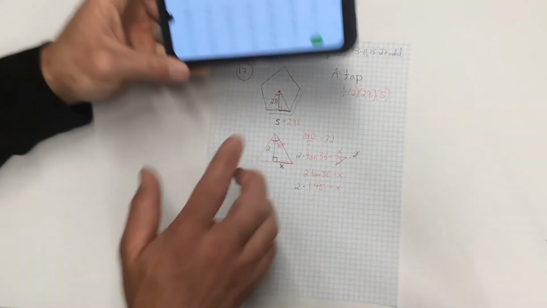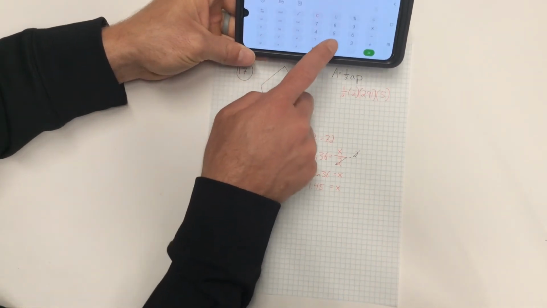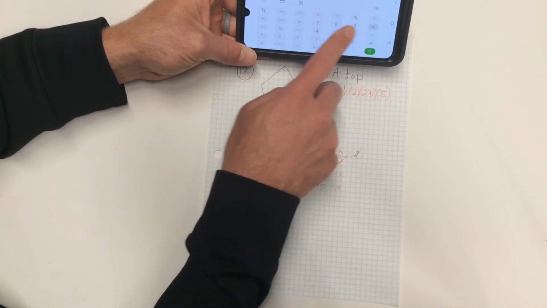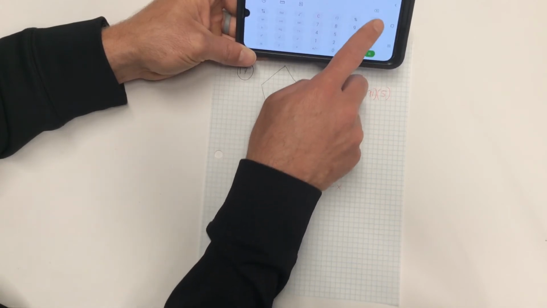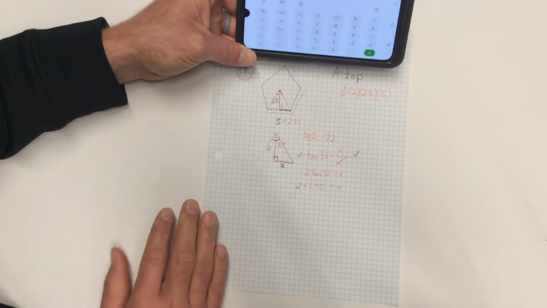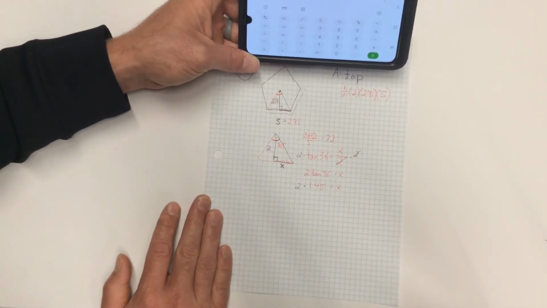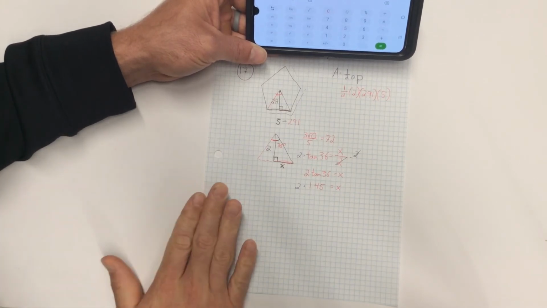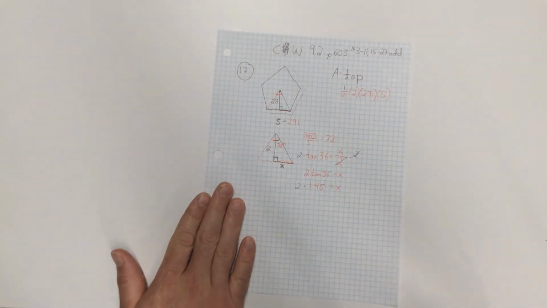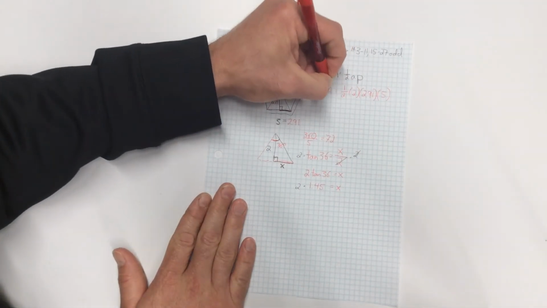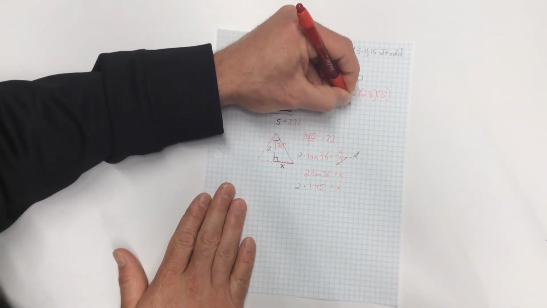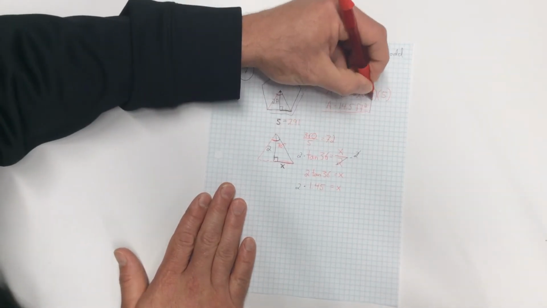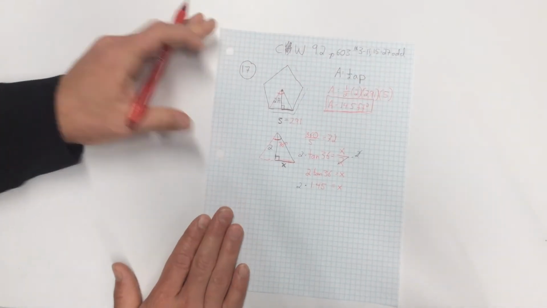And now we can crunch these numbers. 2 times 2.91 times 5 divided by 2, I get 14.6. The book has 14.5, so I rounded a little differently than they did, but again, that's perfectly fine. So 14.5 is our area. And my units were feet, 14.5 feet squared.